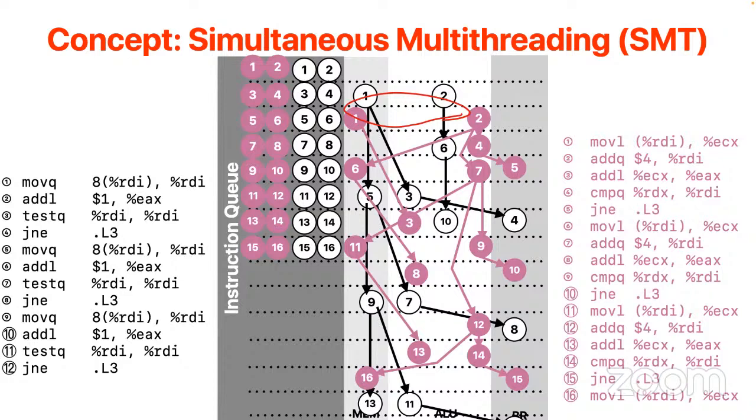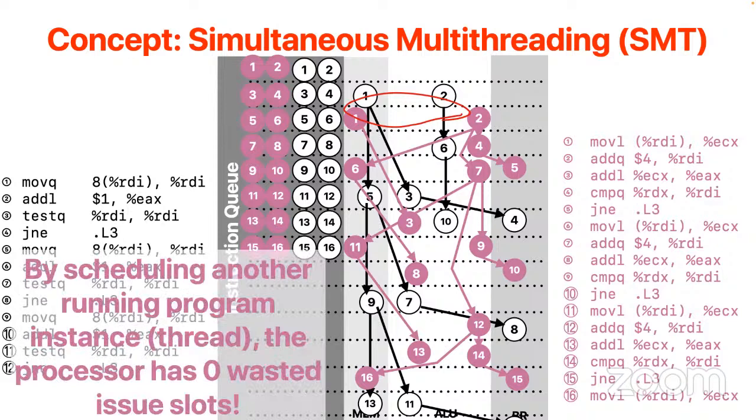So how can I get two programs onto the same processor?